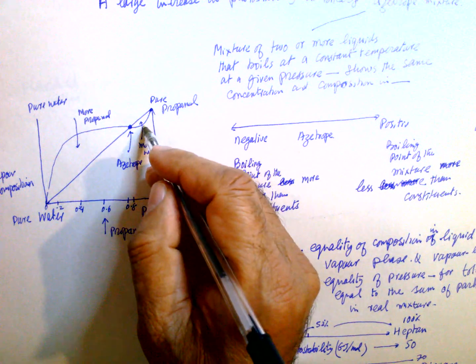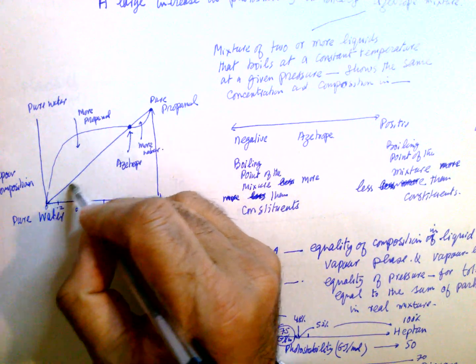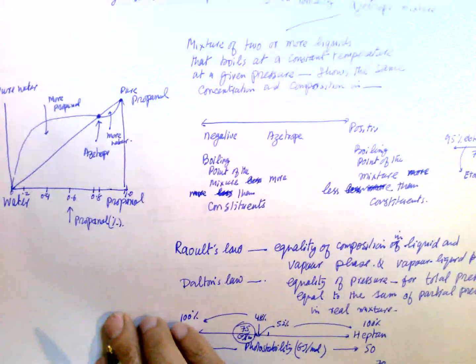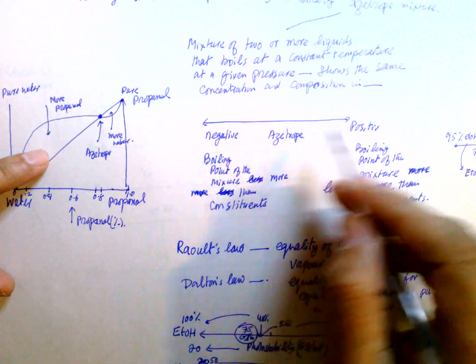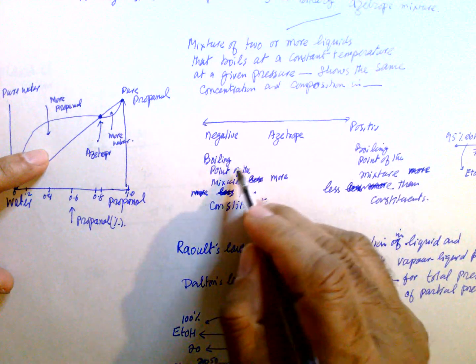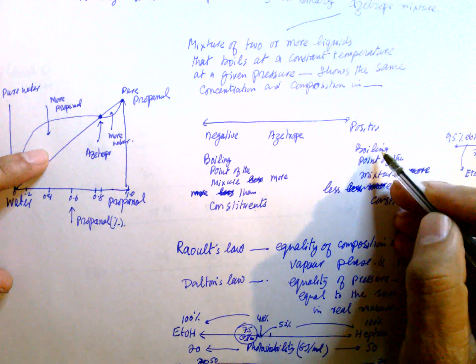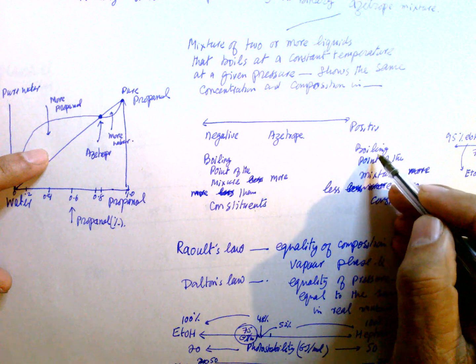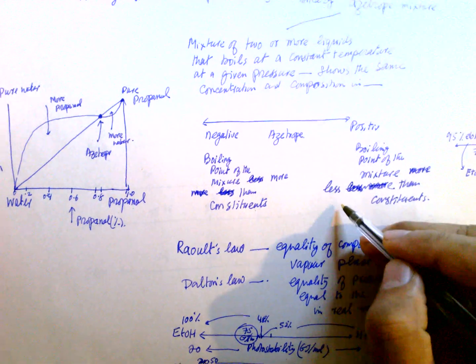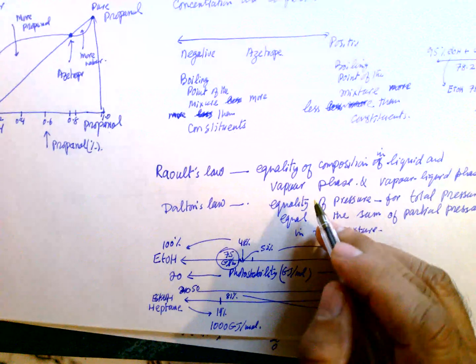This is more propanol, this is more water, and this is the graph. In a negative azeotrope, the boiling point of the mixture is more than the constituents. In a positive azeotrope, the boiling point of the mixture is less than the constituents.